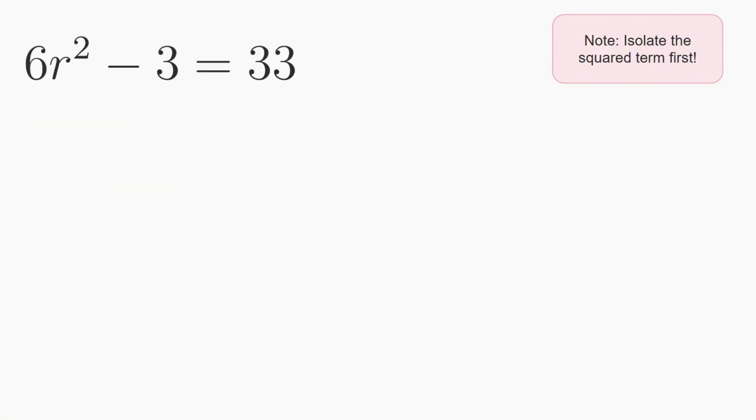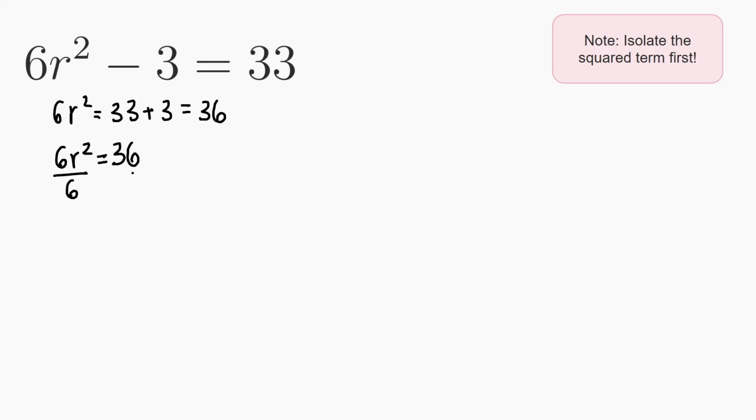Now we have 6r squared minus 3 equals 33. r squared is our quadratic term, so let's isolate this. First, we can add 3 to both sides to give us 6r squared equals 33 plus 3, which is equal to 36. We have 6r squared is equal to 36.